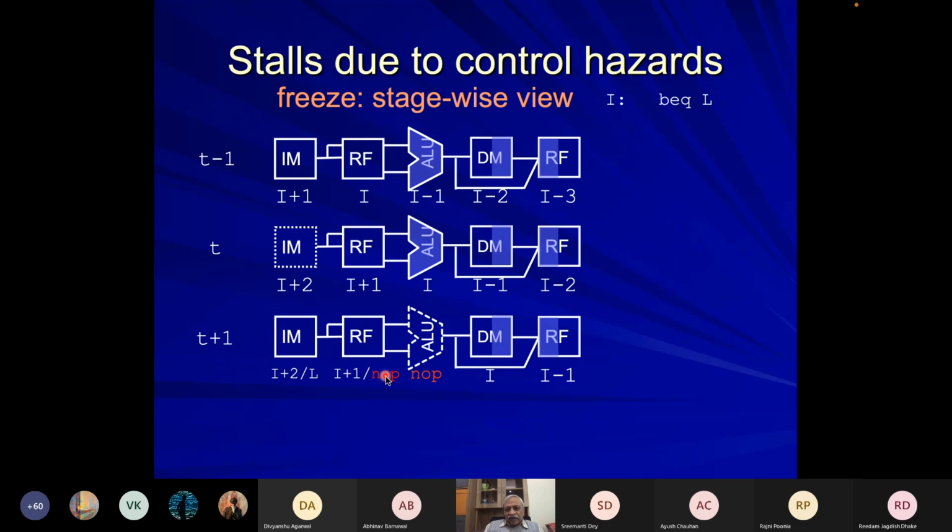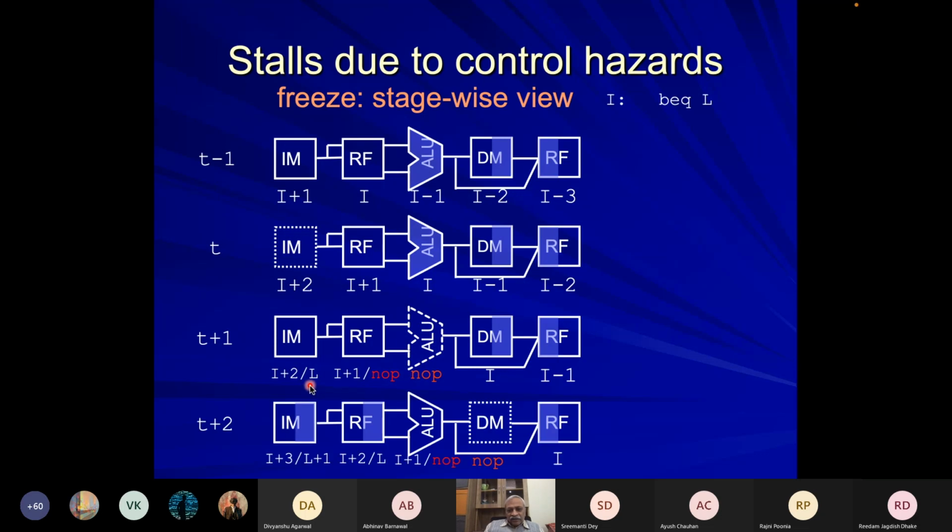But in case you have to branch, then there is a bubble here, and there will be a bubble here also. I plus 2 would be fetched, which is following I plus 1, or L will be fetched here. So if you're going inline, there is a 1 cycle delay. If you're branching, then there is a 2 cycle delay. Right. So after this the pipeline continues.